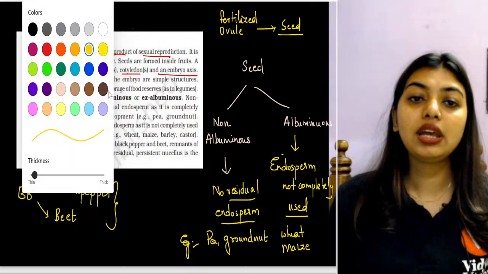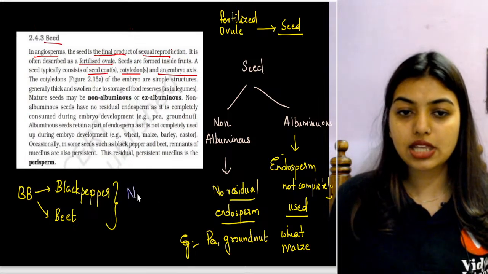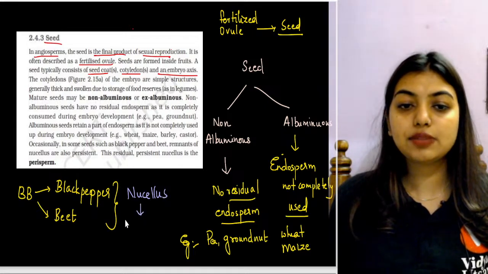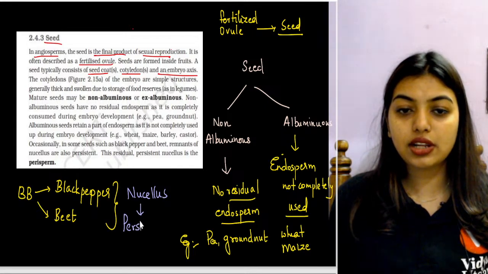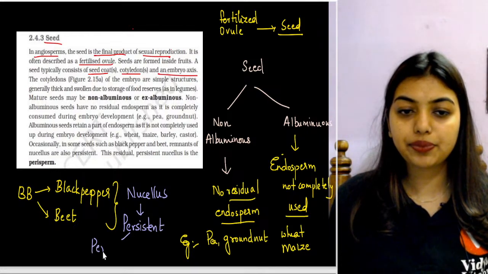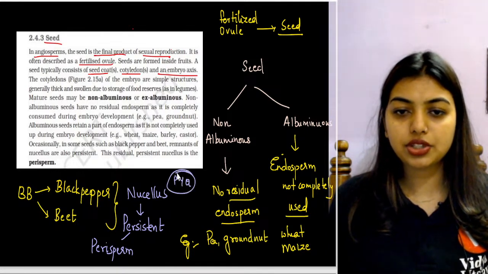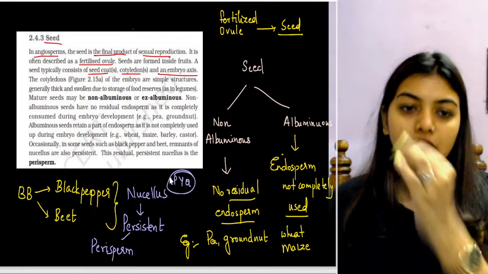All of you remember, in the embryo sac nucellus was there. That was providing the nourishment for the growing embryo sac. So when there is persistent nucellus, we call it perisperm. This question has come many times in NEET PYQ, so remember this, it's a PYQ question.